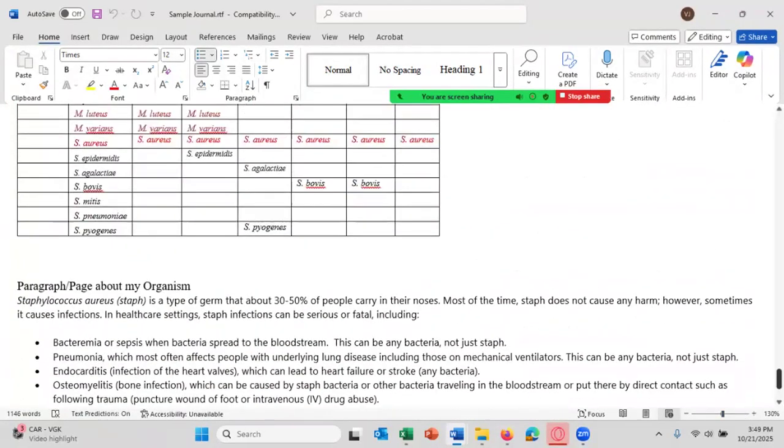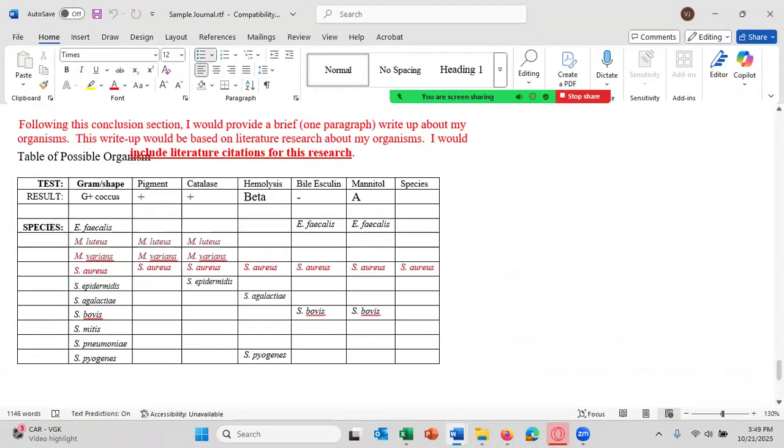All right, let's go through. Here's the table that the person did. It's actually an instructor. So he separated them into gram positive. And then he did the pigment, having 3 that were pigmented. Then did the catalase test, in which case they're all catalase positive. So that didn't really help him from the pigment test.